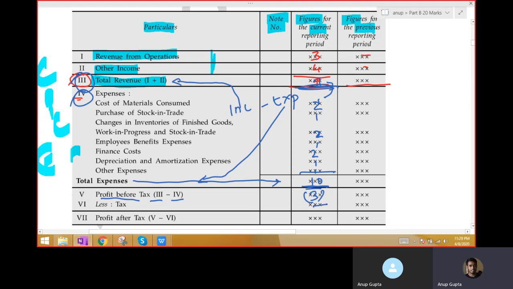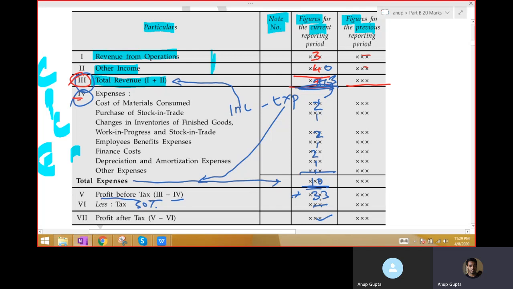And then there will be tax. Whatever tax percentage is given, 50%, 40%, whatever, compute it on the profit, and then subtract it, and you get the profit after tax here. Say for example this is 43 minus 10, then there will be a profit of 33 rupees.